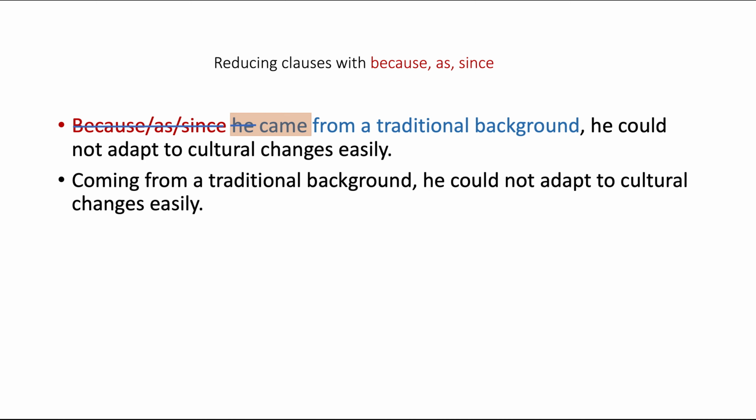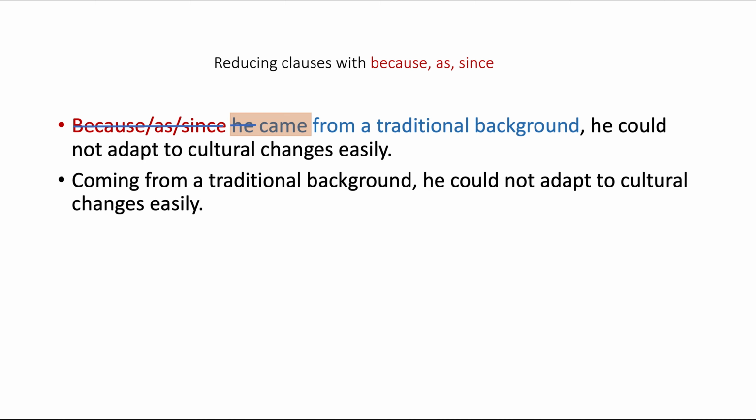In cases when the subordinate conjunction is removed, you have to make an extra guess. That is what the subordinate conjunction actually was, the one that was removed. And it is easy to guess based on the context or the relationship between the two sentences or the clauses. So coming from a traditional background cannot refer to time.